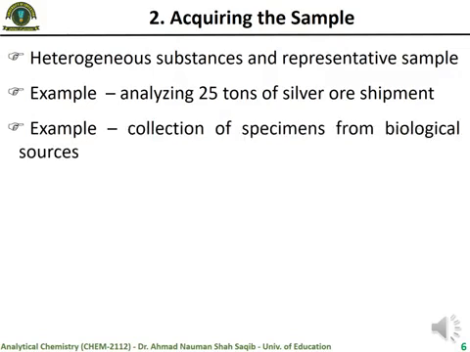But we will take here another example of acquiring the sample. For example, we have a collection of specimens from biological sources. So for example, we are going to determine the amount of some gases in the blood.